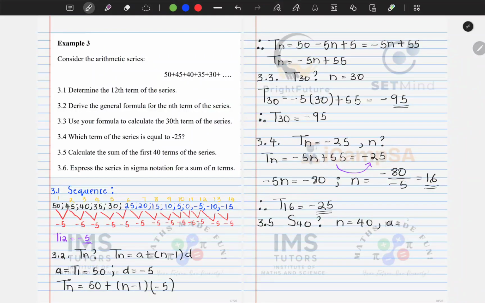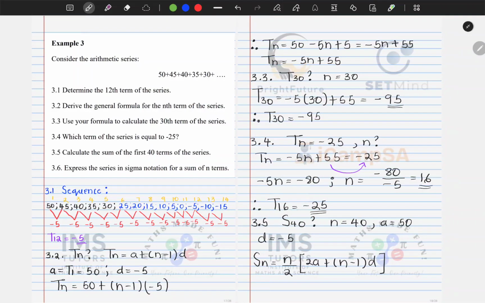Our a was given, it is 50, and our d is minus 5. So I can calculate the sum of n terms, which we always do using the formula n over 2 into 2 times a plus n minus 1 times d. This will give us the sum of n terms.